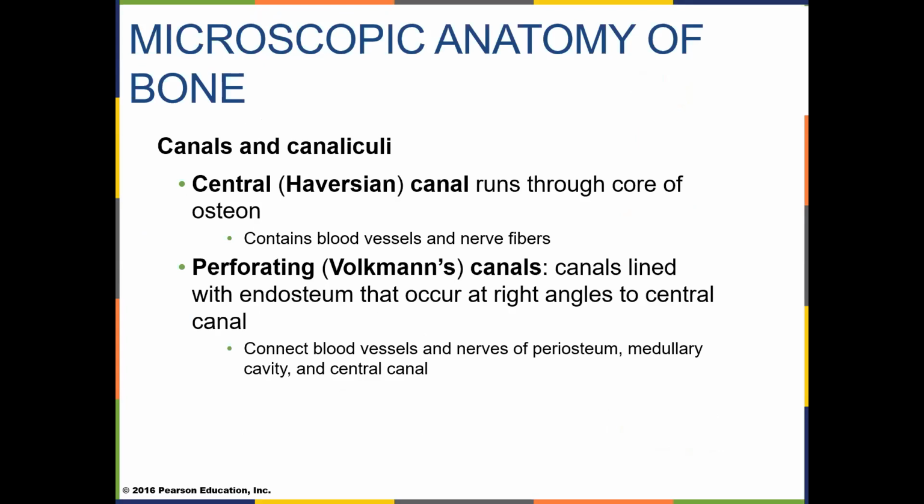And so, I said that we have the central canal, the Haversian canal that goes through the center of each osteon. We have our blood vessels and our arteries and veins, or arterioles and venules, and our nerves are going to go through there.